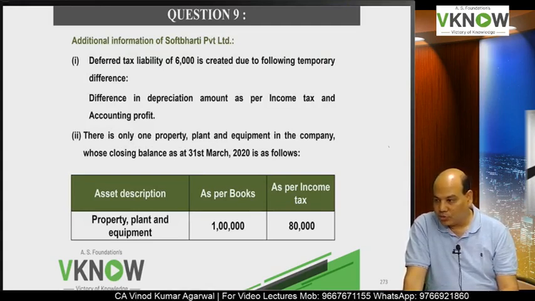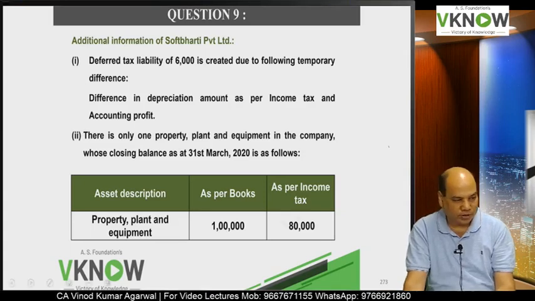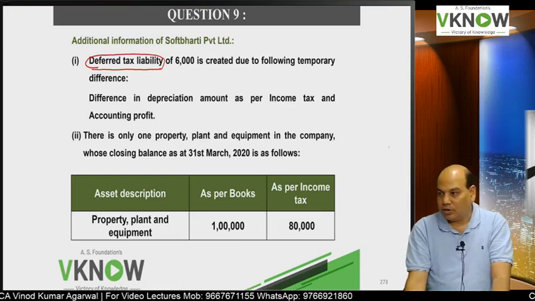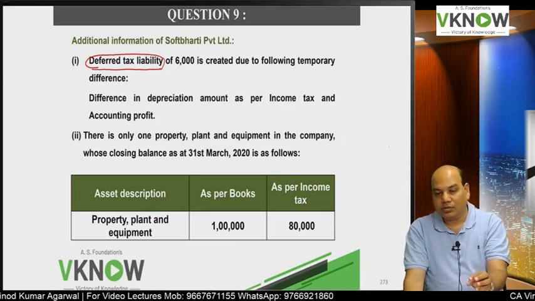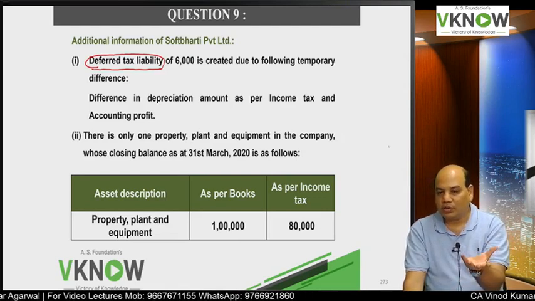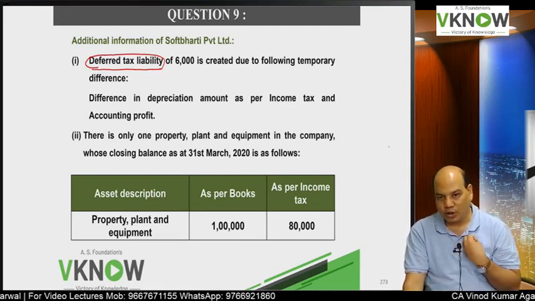Additional information of Soft Bharti Private Limited. Deferred tax liability of 6,000 is created due to a temporary difference. Now what is the meaning of deferred tax liability? It means the liability which will arise in future because of any tax benefit you enjoyed today.